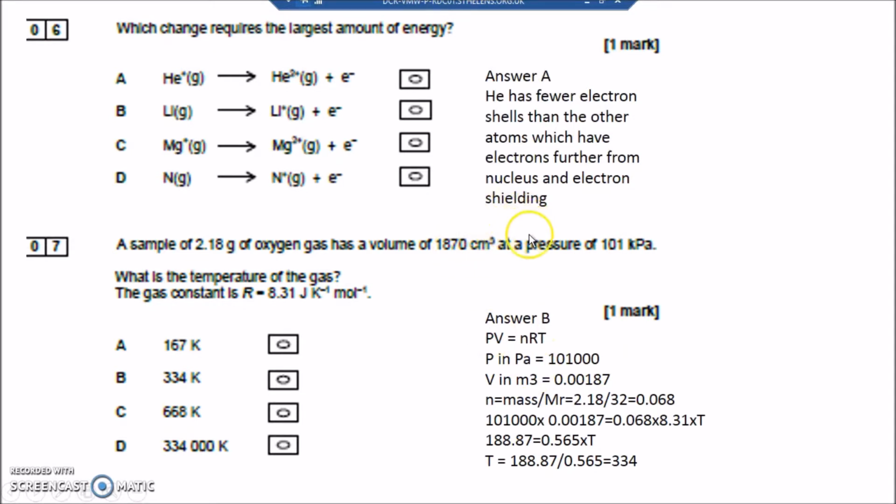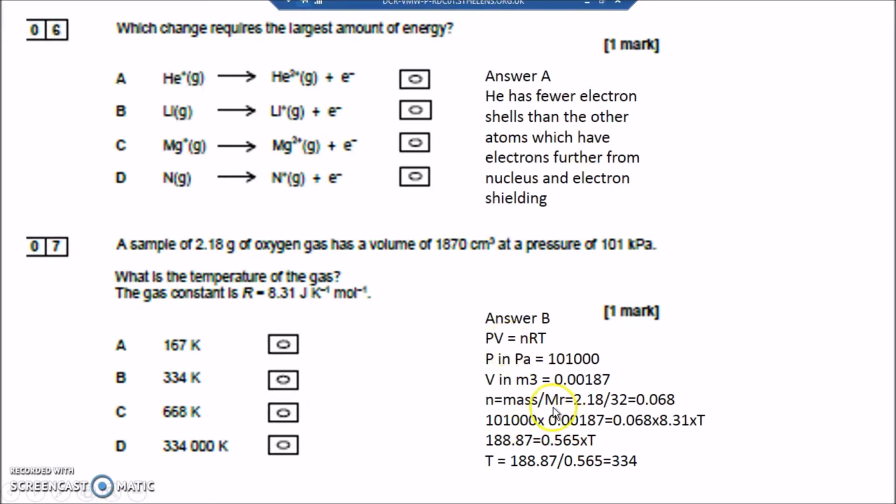Centimetre cubed up into the next unit, decimetre cubed, going larger is divide by 1,000, so that will be 1.870, but I've got to then get decimetre cubed up into the next larger unit, which is metre cubed, so I've got to divide by another 1,000, so it's going to work out as 0.00187 metres cubed. And 2.18 grams, number of moles is mass divided by Mr, 2.18, the Mr of O2 is 32, 0.068.